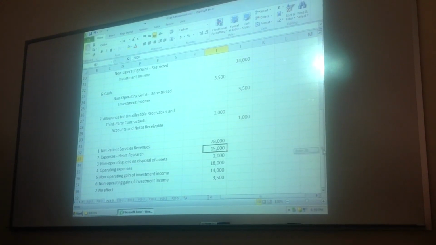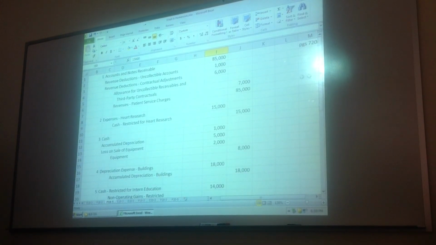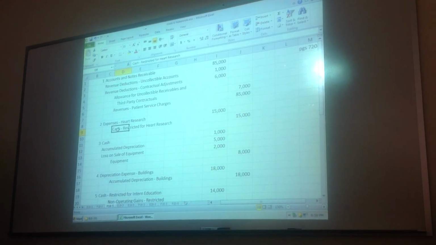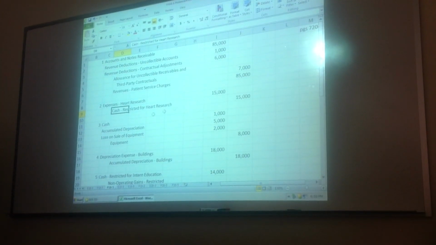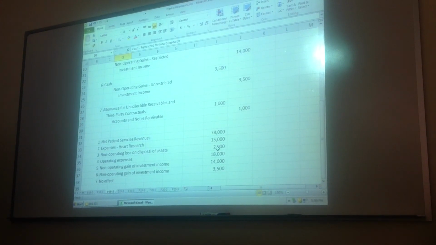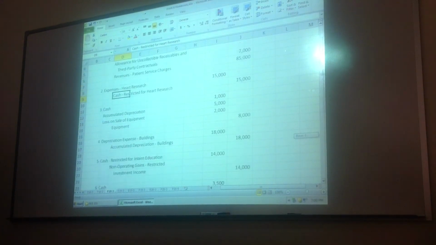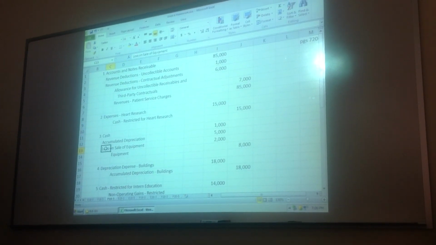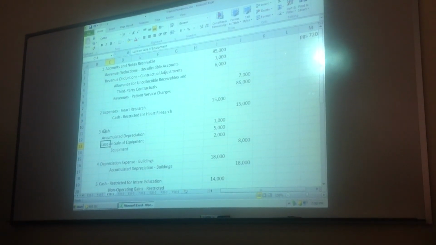Number 2, the only thing in number 2 that's affecting our income is our expense. Cash goes where? Balance sheet. Good. Number 3, non-operating loss is the only thing that's going to show up on your income statement. The rest of these are going to show up on your balance sheet.